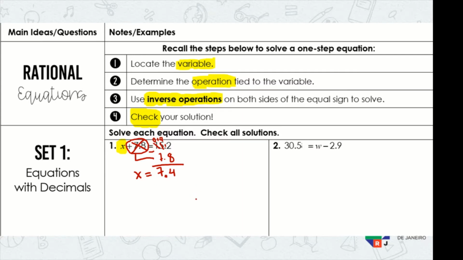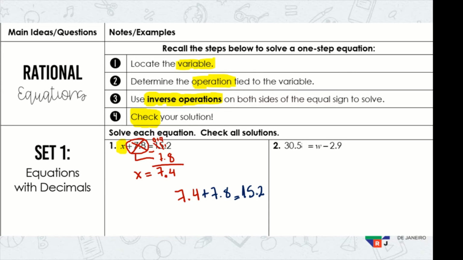Right now I need to check. You write here 7.4 plus, let me change the color, plus 7.8 is equal to 15.2. Guys, right now to check, I will allow you to use calculators.